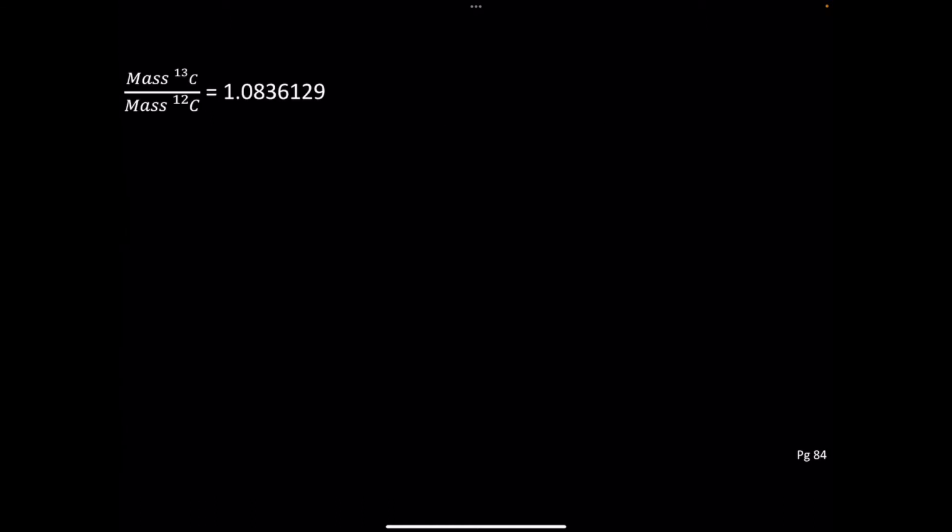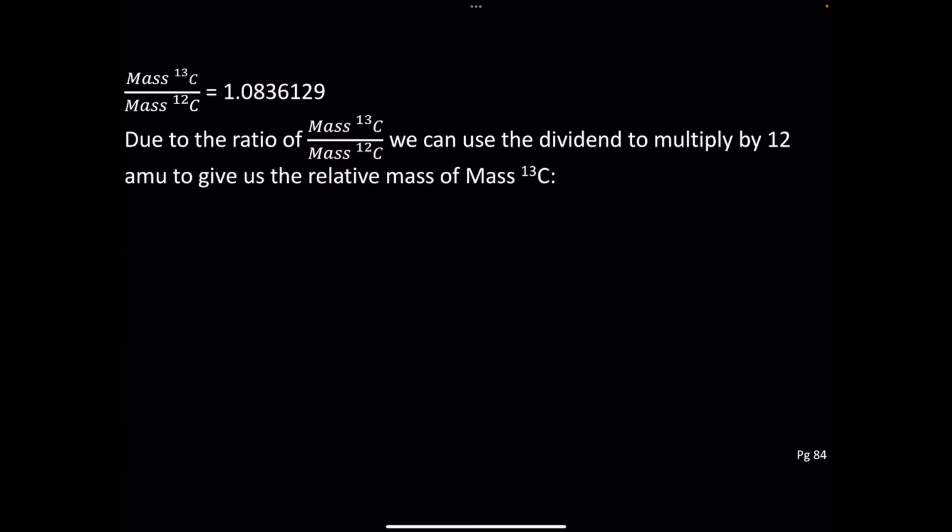We can take that ratio, 1.0836129, and multiply it by 12 atomic mass units to give us the relative mass of carbon-13. When we do that, we find 13.003355 atomic mass units, which goes into why carbon-13 is called carbon-13.